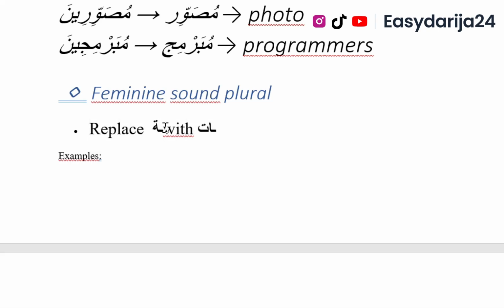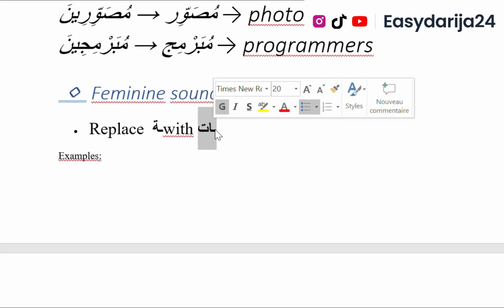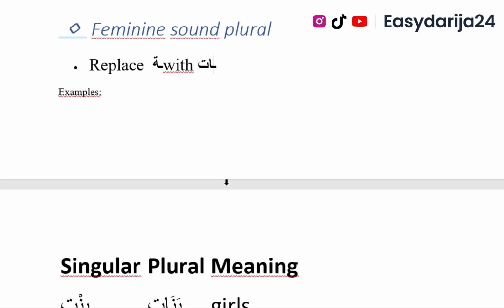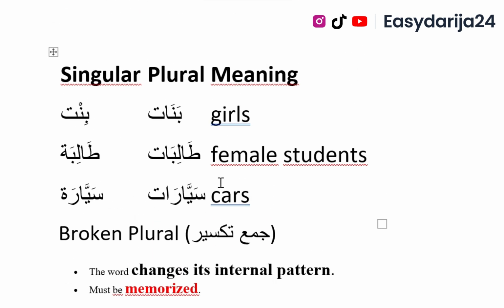As we saw before, most feminine nouns have ta marbuta at the end. For the plural, we change it to alif as a long vowel and ta, as you see here.